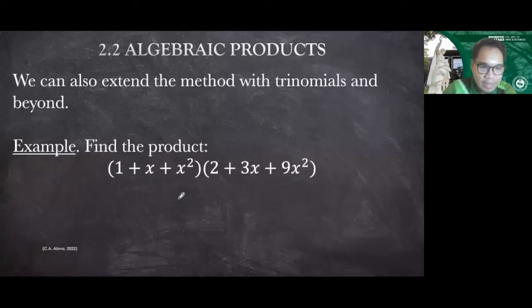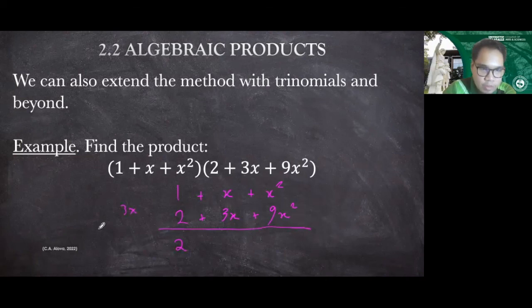So for example, we have 1 plus x plus x squared times 2 plus 3x plus 9x squared. So again, we're going to make use of the same pattern that we have. Vertically, 1 times 2 is 2. Crosswise, 1 times 3x is 3x. Add that to the product of x times 2, which is 2x.